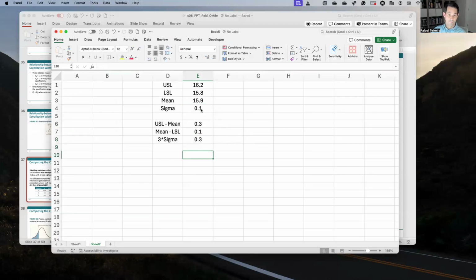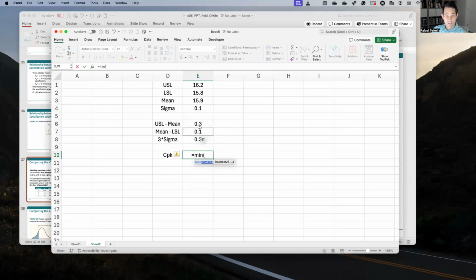All right, now my CPK is going to be equal, and I type equal, and then the function: I want the minimum of some numbers. Which numbers are those? Excel is highlighting the first number.